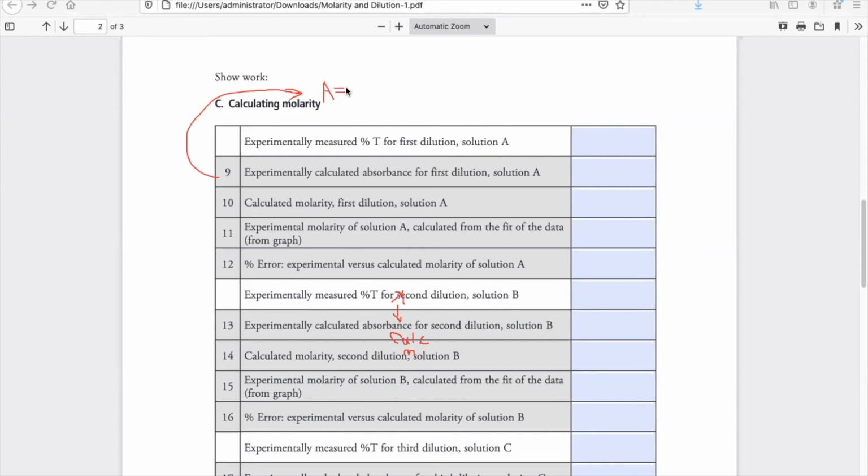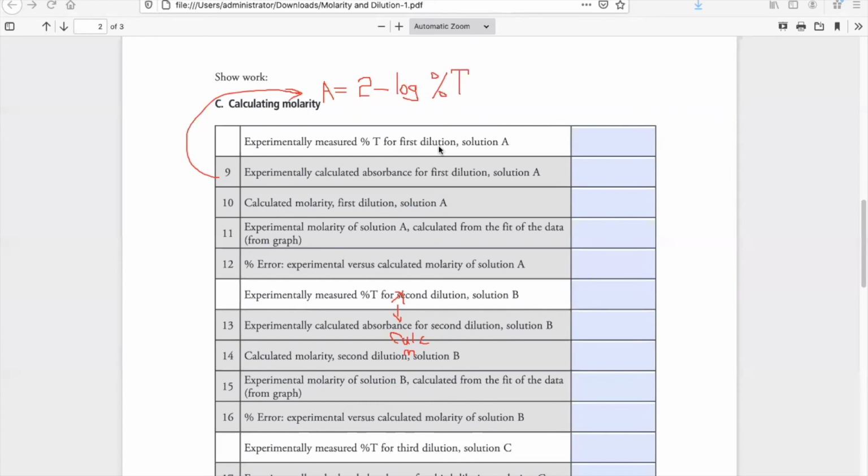This is what you will do for all experimental: 2 minus log of percent T. This is what you will do for A, B, C. Experimental calculated absorbance right here.